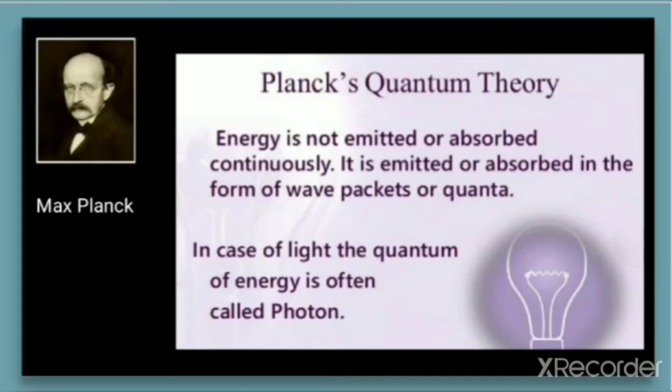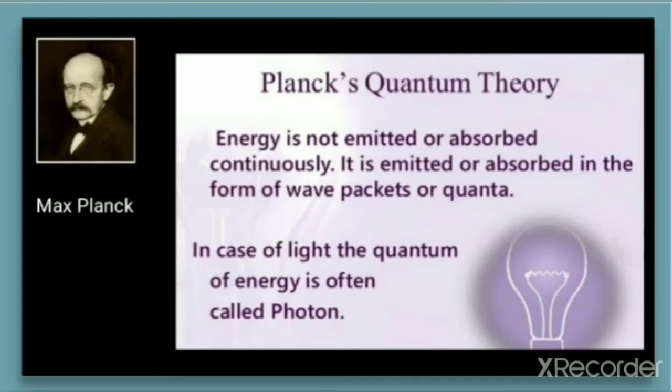So Planck suggested that atoms and molecules could emit or absorb energy in discrete quantities, not in a continuous manner. This theory was given by Max Planck, which is popularly called Planck's quantum theory. What is it according to this theory?